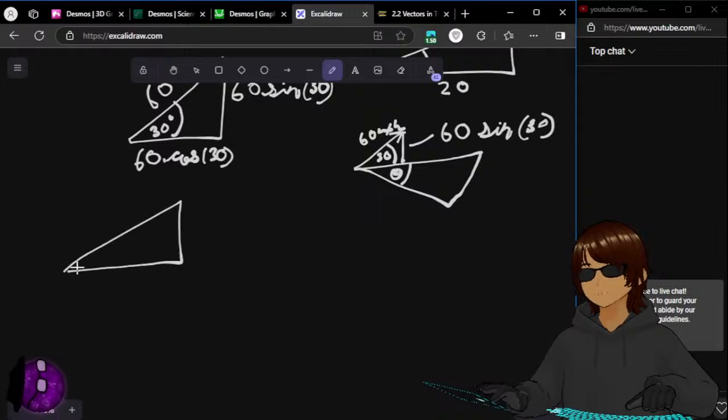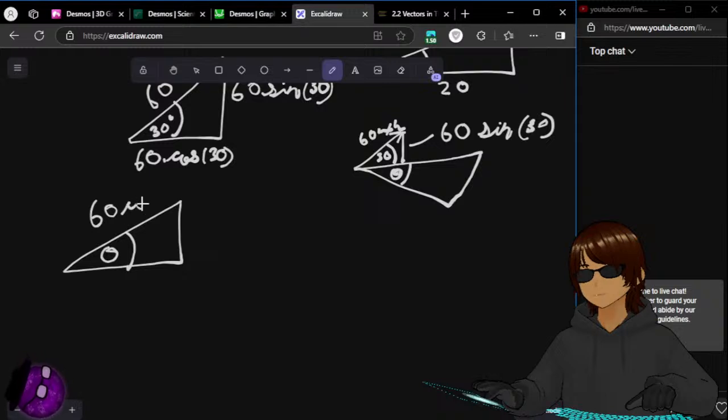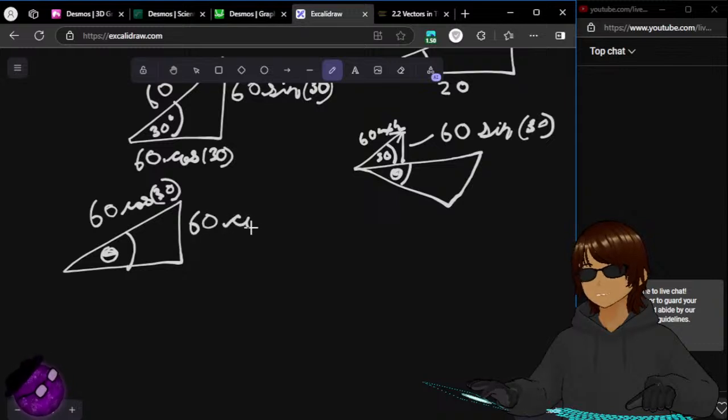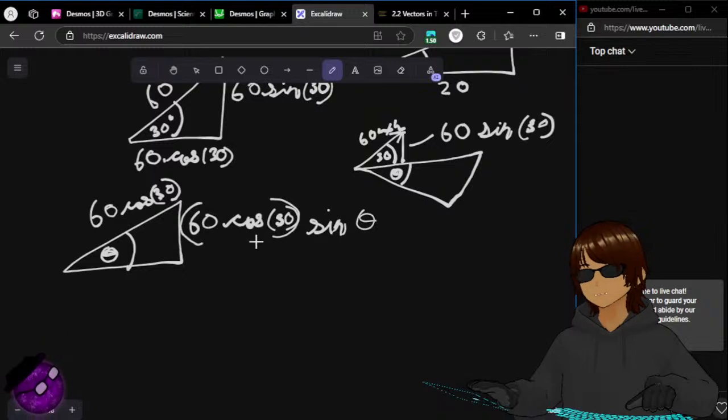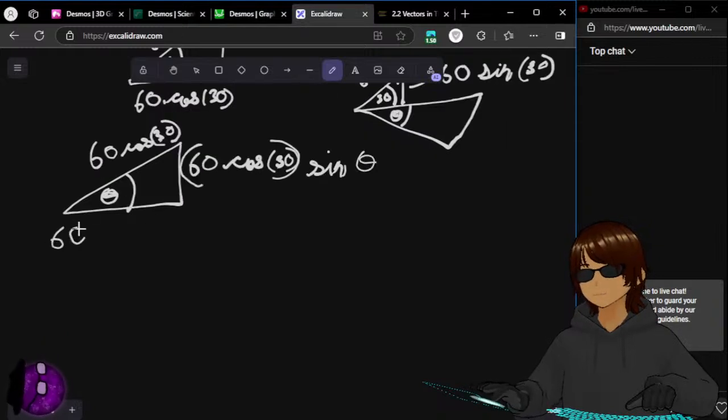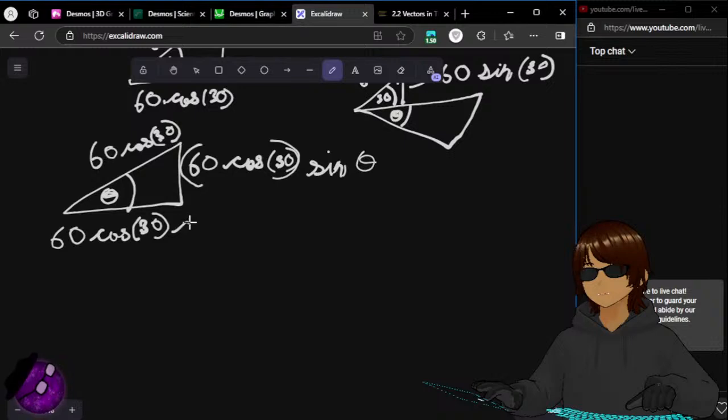If I do this, theta, 60 cos 30, and we want to find this, then we have 60 cos 30, which is the hypotenuse, times sine theta. Then 60 cos 30 times cos theta.